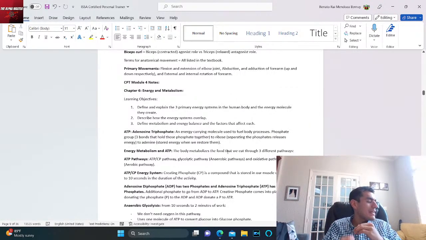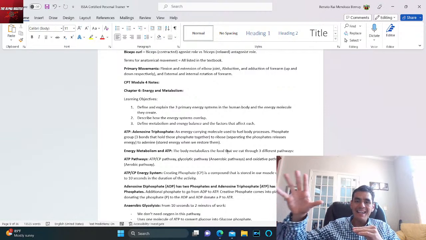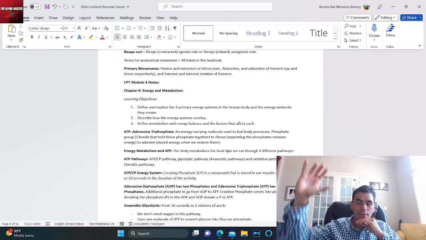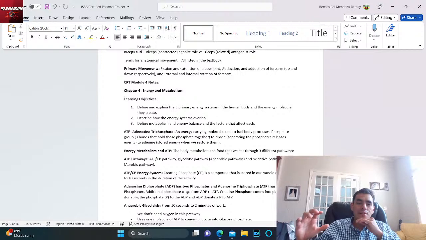ATP is adenosine triphosphate. It's an energy-carrying molecule used to fuel body processes. It is made of a phosphate group, which are the bonds that hold those phosphates together, then ribose, which separates the phosphates. Separating the phosphate releases energy.